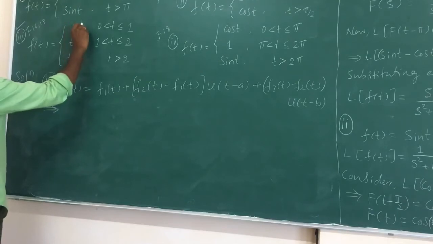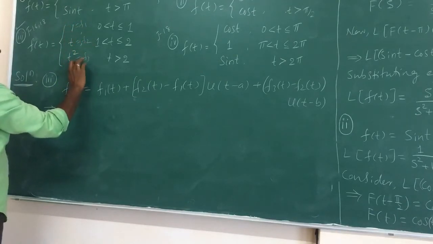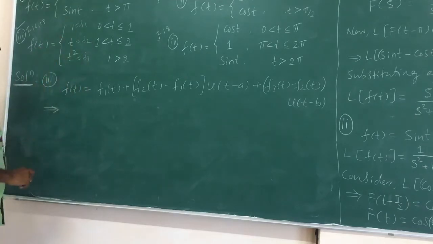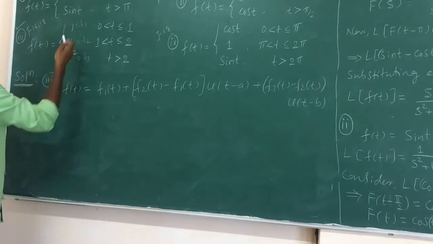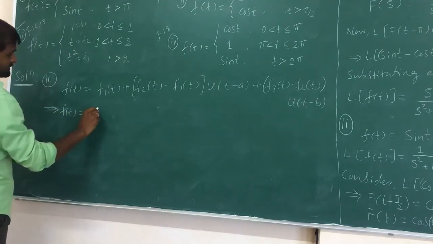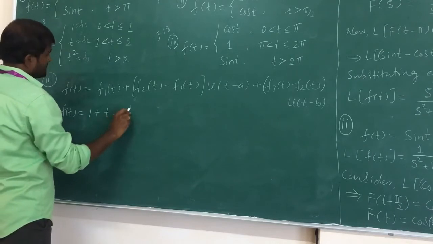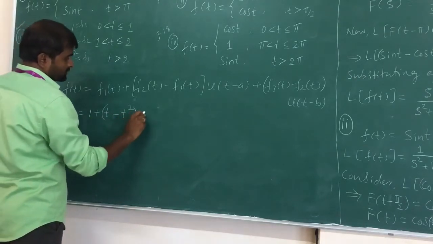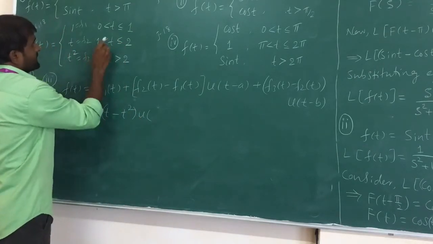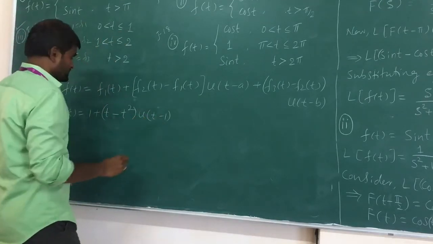So this is f1, f2, f3, right? f1, f2. How to value that? F of t: f1 is 1, plus f2 minus f1, that is t minus 1, into u of t minus 1, correct?